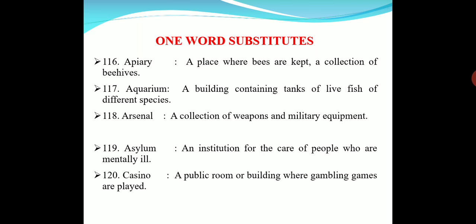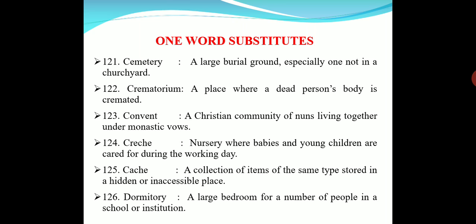Casino is a public room or building where gambling games are played. And cemetery. Cemetery is a large burial ground, especially one not in a churchyard. Burial ground, cemetery. Crematorium. Crematorium is a place where a dead person's body is cremated.